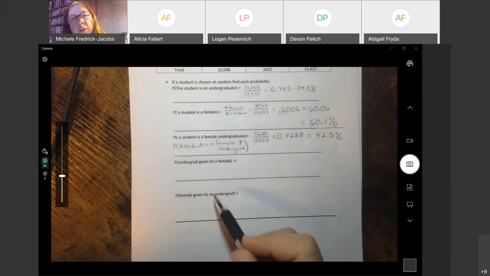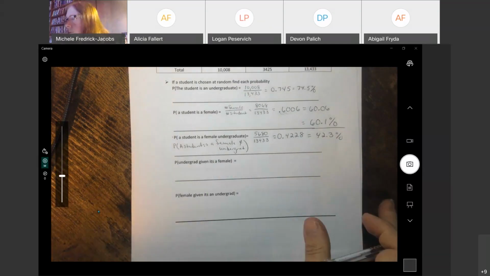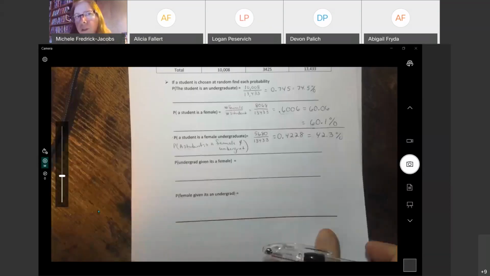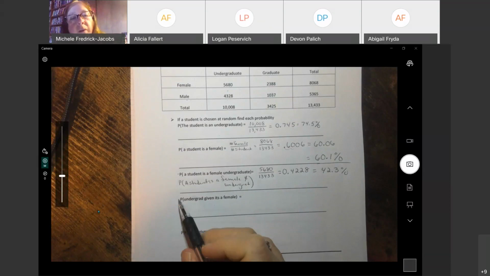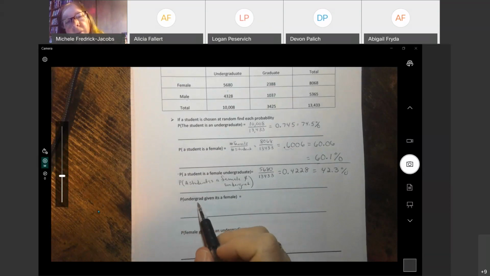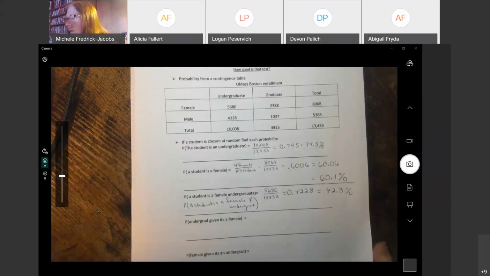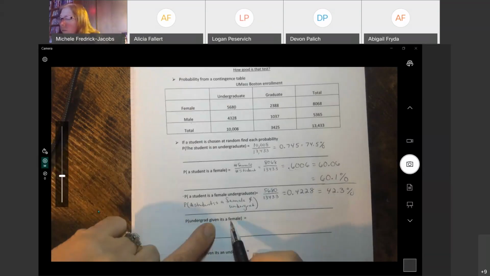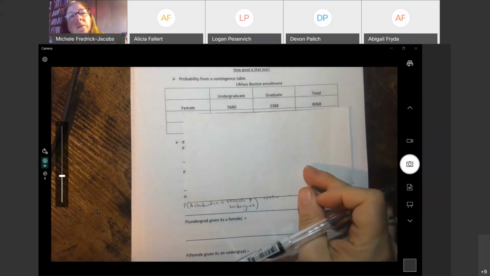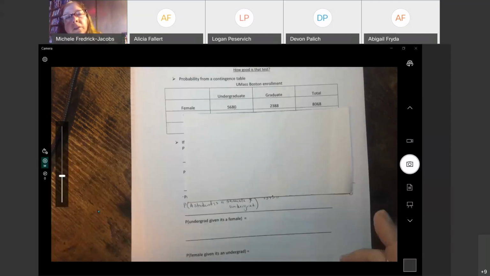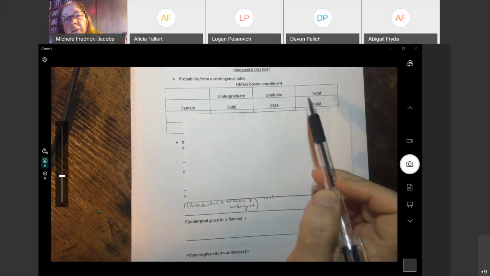Now these next two, they have a given part. So instead of using the total, you use what's given. It says the probability of an undergraduate given it's a female. So since we're given it's a female, we only use that row because we know already it's a female.